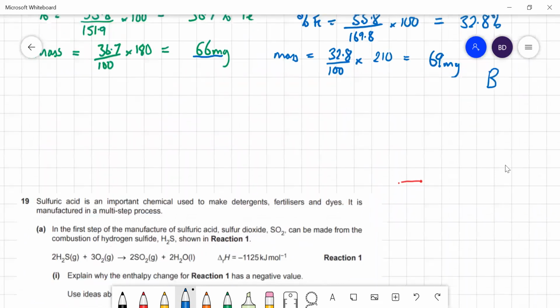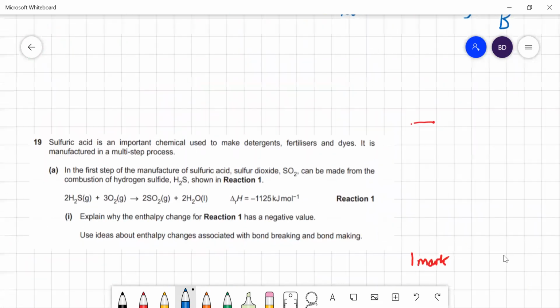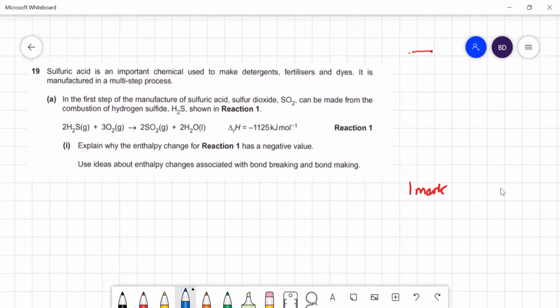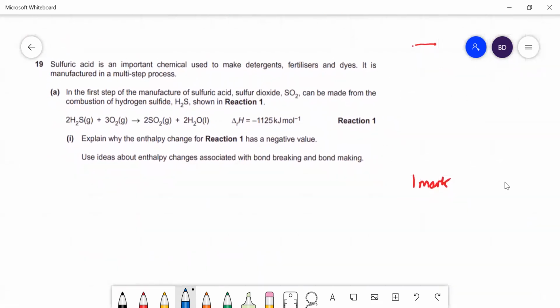Right, here's a long question about making sulfuric acid. Sulfuric acid, first step is to manufacture SO2 from hydrogen sulfide. Explain why the enthalpy change for reaction 1 has a negative value, and use the ideas about bond breaking and bond making.